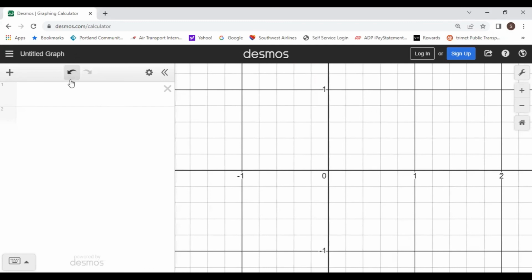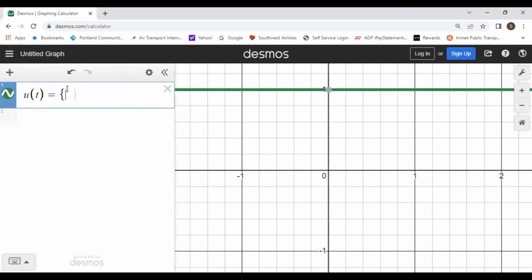So the best way to do these types of things is typically to start off by defining the unit step function as a piecewise function in Desmos. And the format for a piecewise function in Desmos is you start by defining the condition on the variable, and then colon, and then what the formula for the variable is supposed to be.